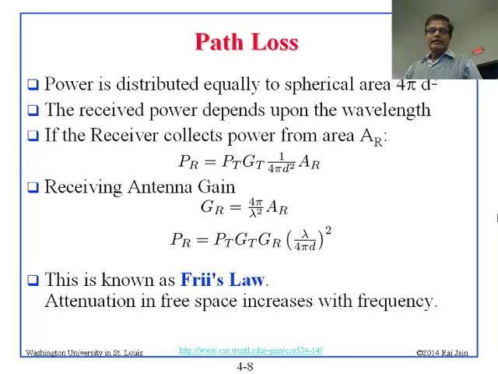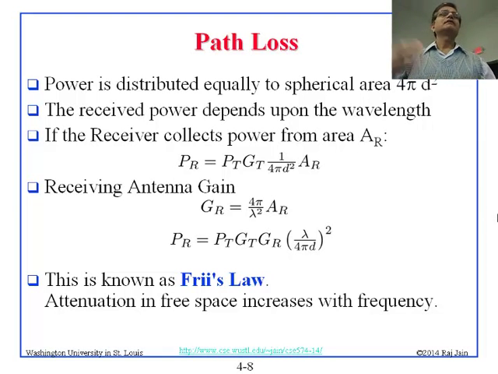Okay. And coming back to our previous formula that we already talked about, PR is equal to PT times GT times 1 upon 4 pi d square times AR. AR is the receiving antenna area. So what is happening is whatever power is being transmitted, it is being distributed over a sphere, and the sphere area is 4 pi d square.